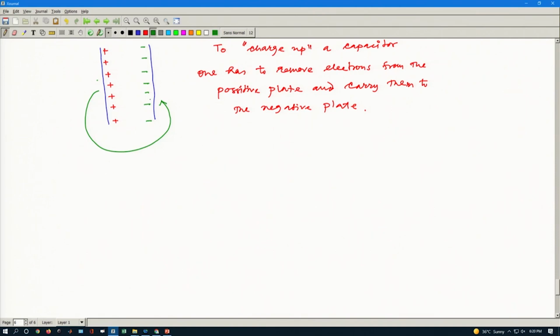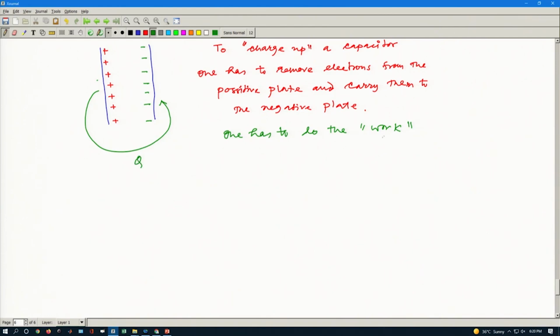In order to do that, one has to do the work, to charge the capacitor up to a final amount Q, which is the charge that should be on the left-hand side and right-hand side.